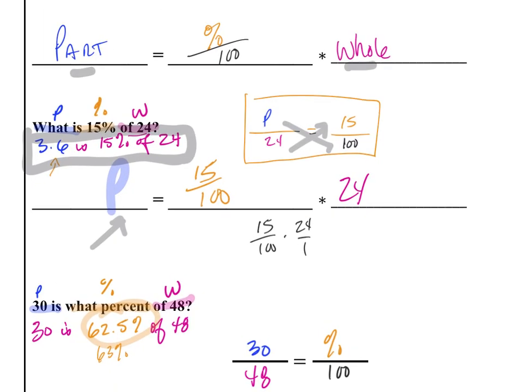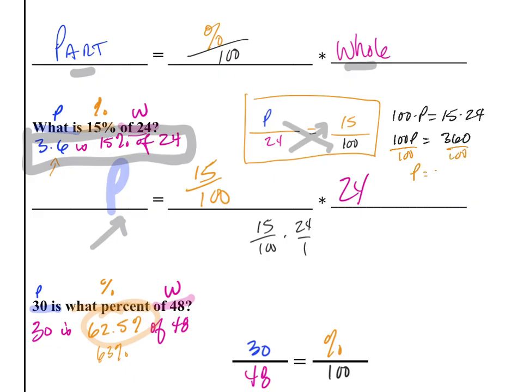If I wasn't using the percent equation, I'd say I have 100 times P equals 15 times 24, which means 100P equals 360. And so I'm going to divide both sides by 100.